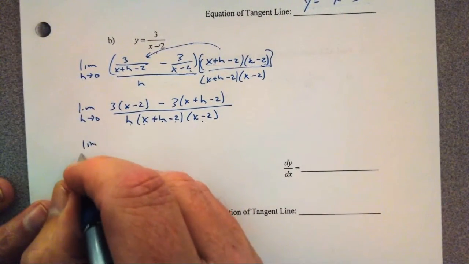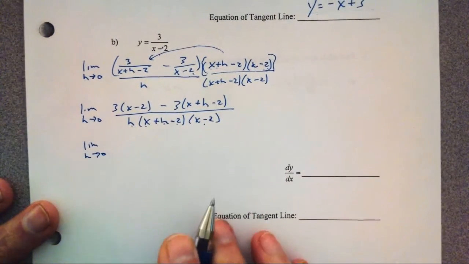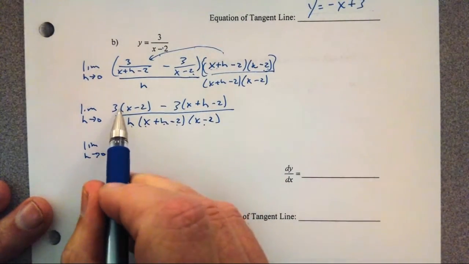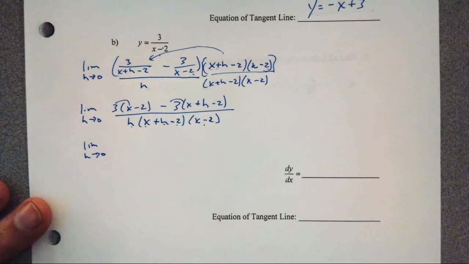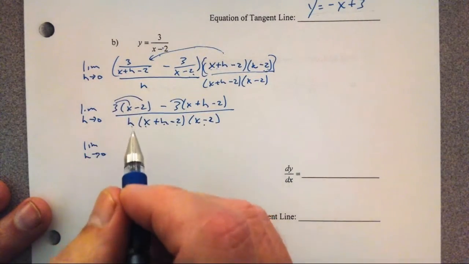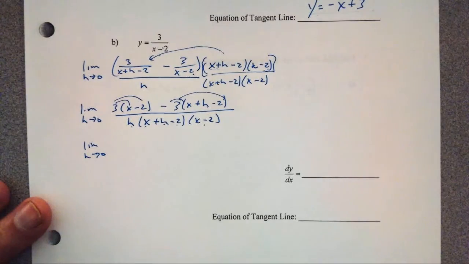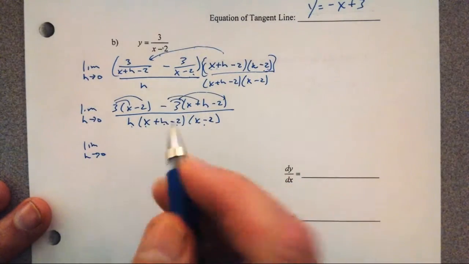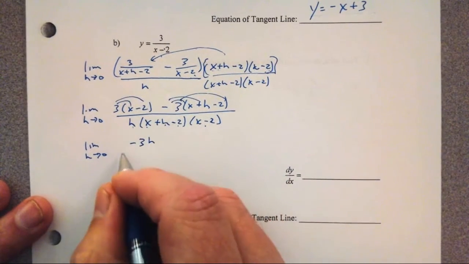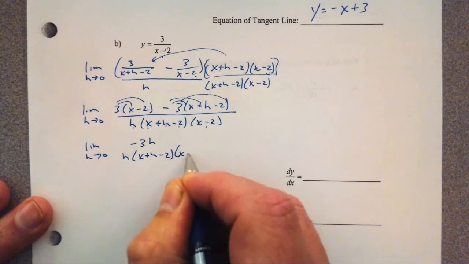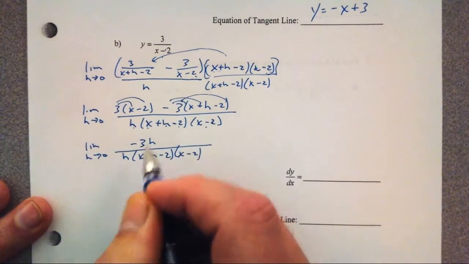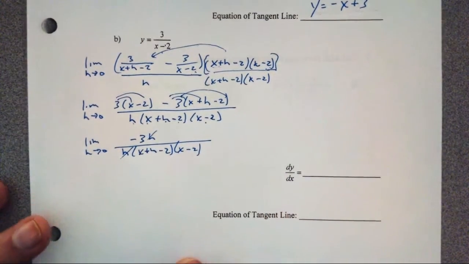Limit as h approaches 0. I think I'm going to do all this in my head. I'm going to get a 3x. I'm going to get a minus 3x, cancels. I'm going to get a minus 6. I'm going to get a plus 6, cancels. But I'm also going to get a minus 3h on h times x plus h minus 2 times x minus 2. H cancels.